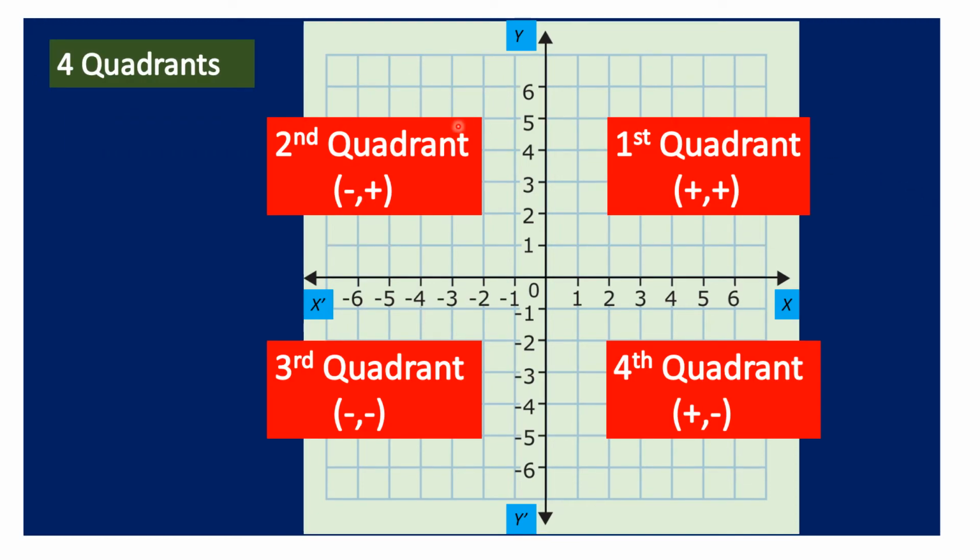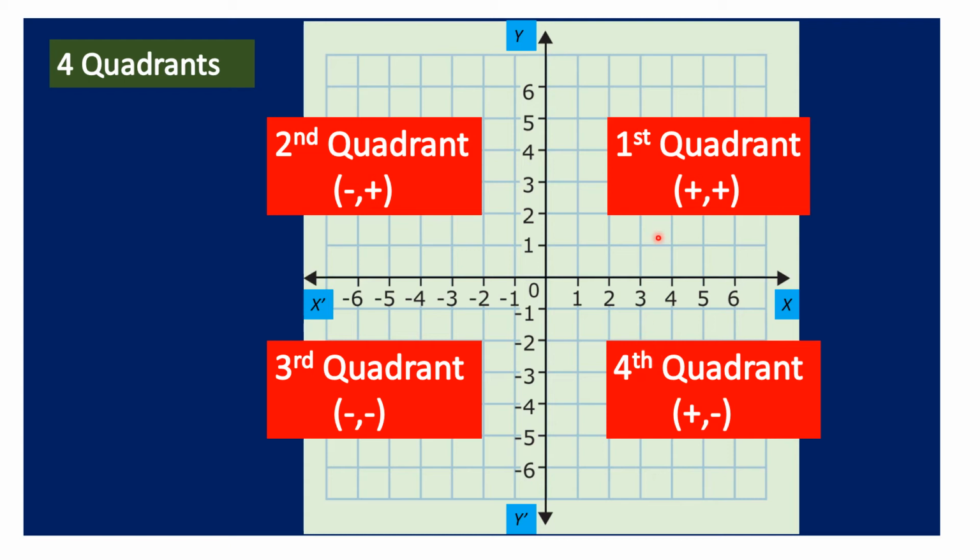Now we have seen earlier that both the coordinate axes, the x-axis and the y-axis, divide the plane into 4 regions, 4 squares, right? The first square is called the first quadrant. Then the second one is the second quadrant, third quadrant and fourth quadrant.